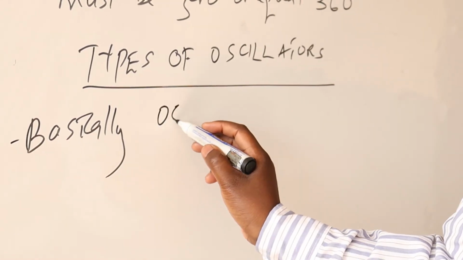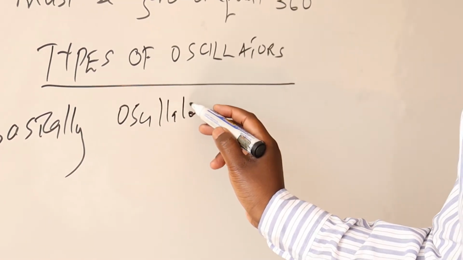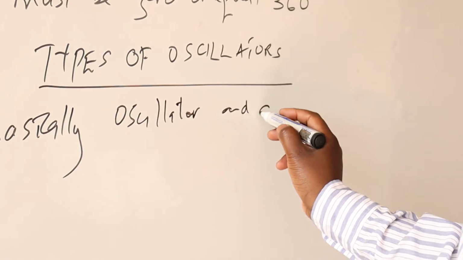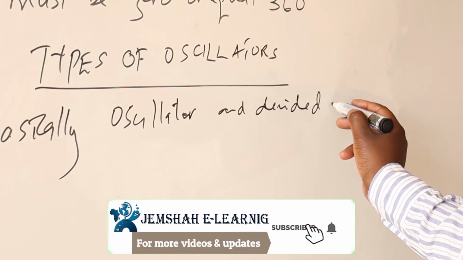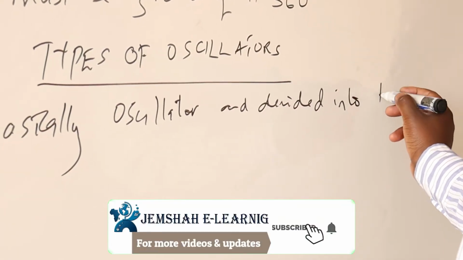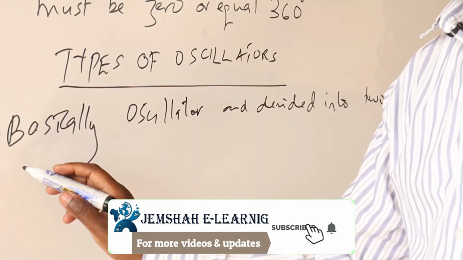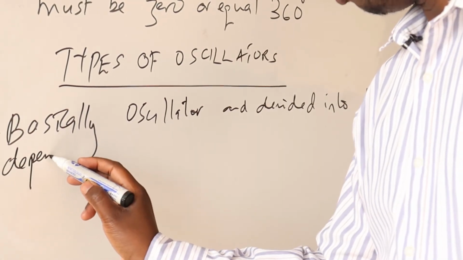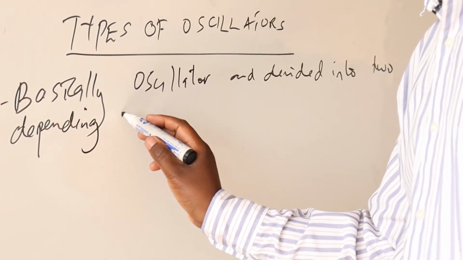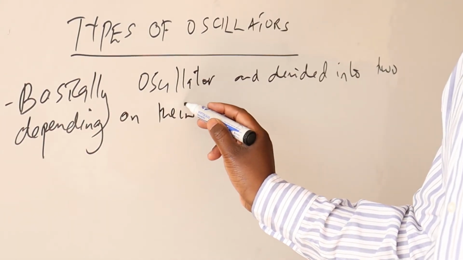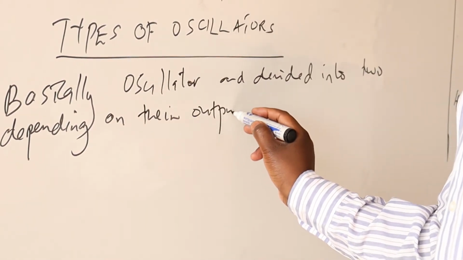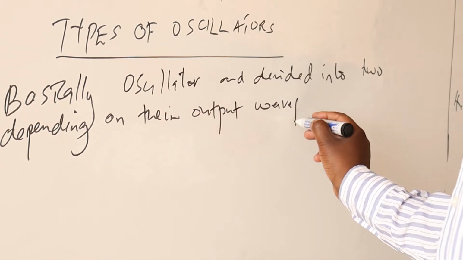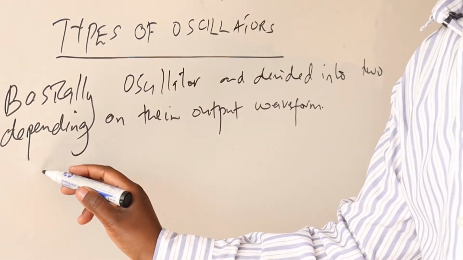Basically, oscillators are divided into two depending on their output waveform.